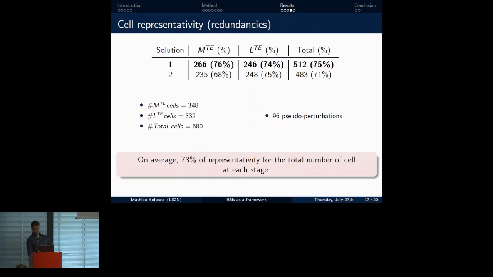Regarding the cell representativity, more specifically for solution 1 and the medium T stages, we can see that our 96 perturbations represent 76% of the total number of cells for these classes. And on average, we have 73% representativity of the total number of cells for each stage.